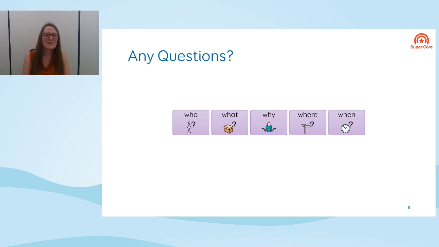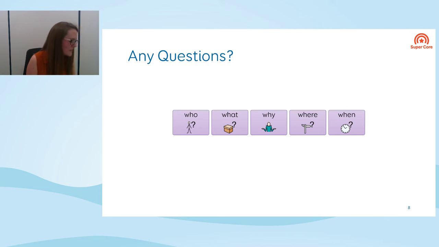I would suggest that you don't edit the core words because those have been really carefully selected and organised, but absolutely in the activity grids, you can change those words. And also in the topic grids, I would encourage you to add in any words that are important for that particular learner. There's more of that in the manual, some advice on how to personalise SuperCore and add in your own words. So do have a look at the manual.